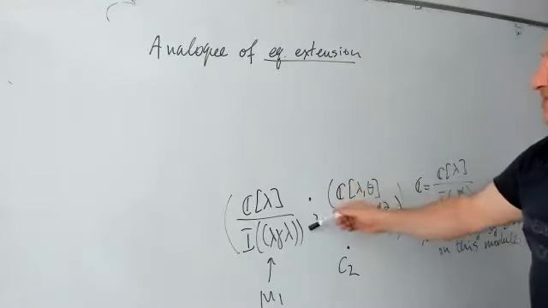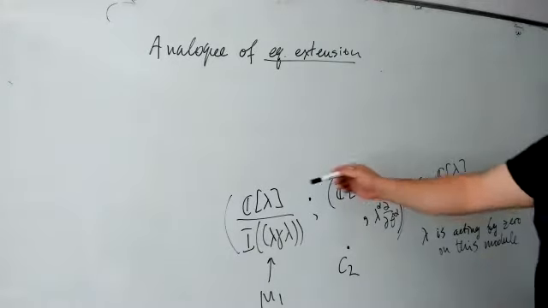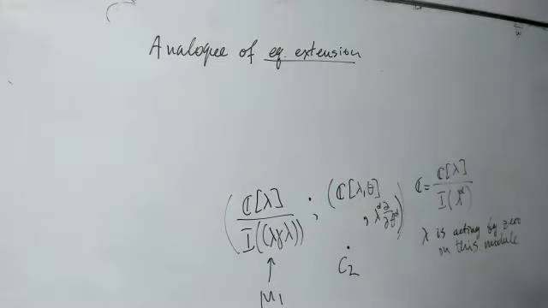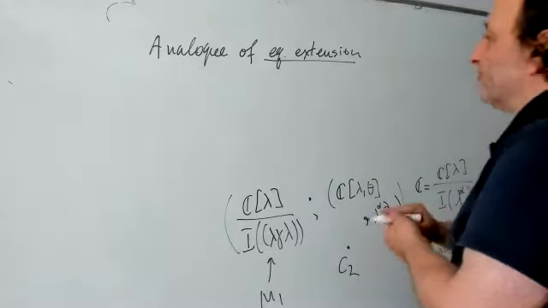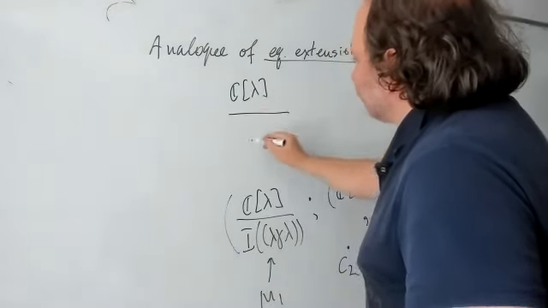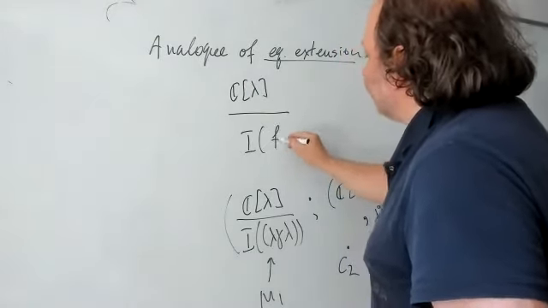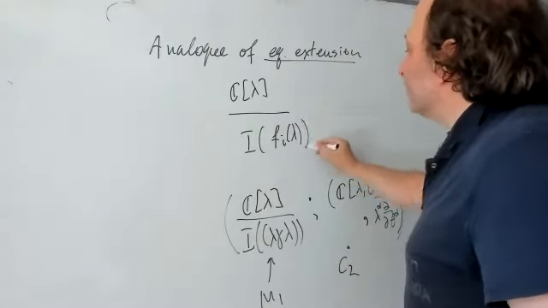So let us try to construct this resolution. And more generally, let us try to construct a resolution for the module C of lambda factorized by such an ideal.